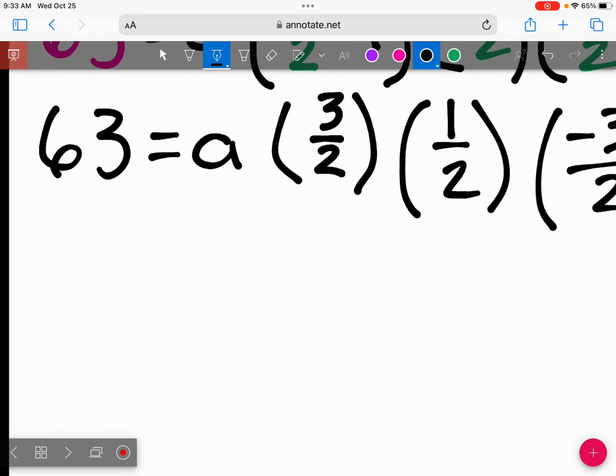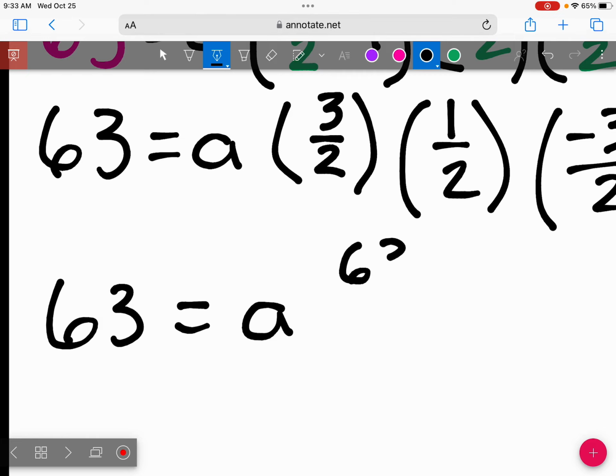All right. So we have 63 equals a times what? So remember, when we're multiplying fractions, multiply across the top. So 3 times 1 times negative 3 times negative 7, over 2 times 2 times 2 times 2, which is 63 over 16. How do I figure out what a is?